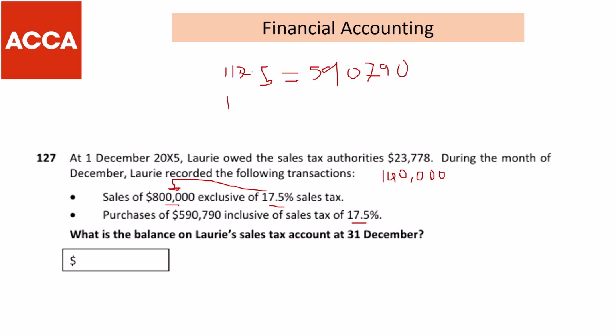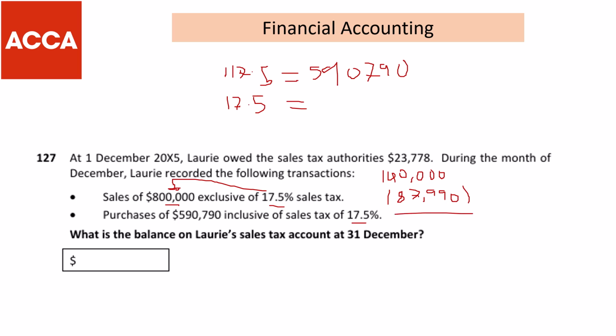So we want to find out what 17.5% represents. So you take this amount, 590,790, divide by 117.5, and then multiply by 17.5, and it comes to 87,990. But this is what you're offsetting from your output tax.